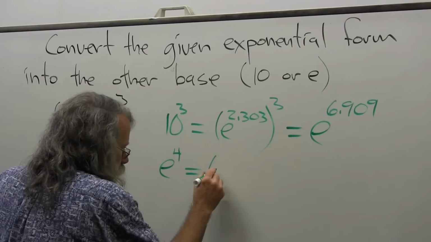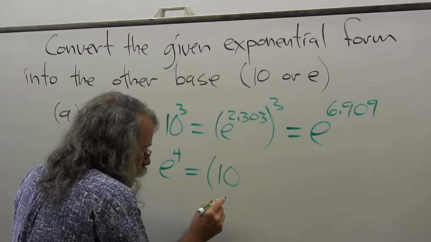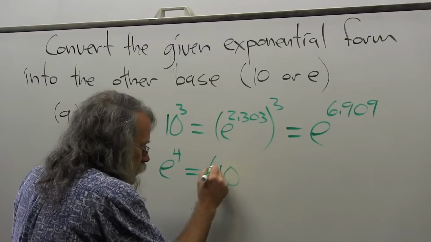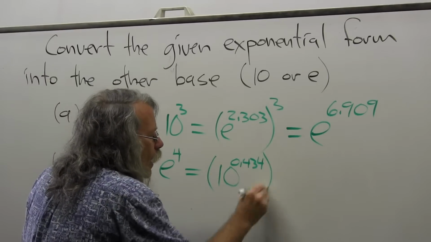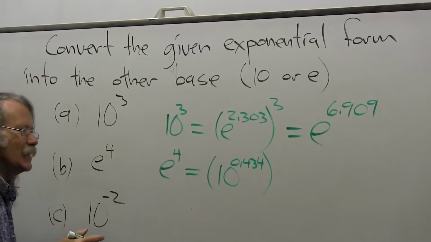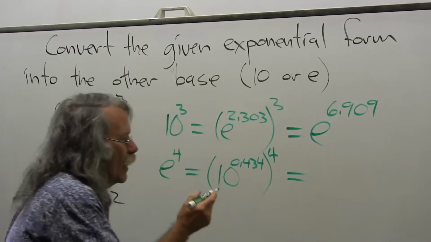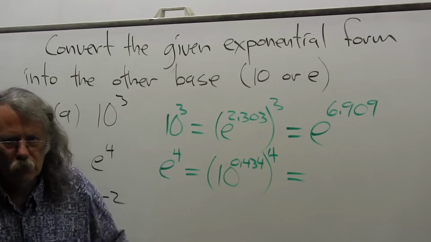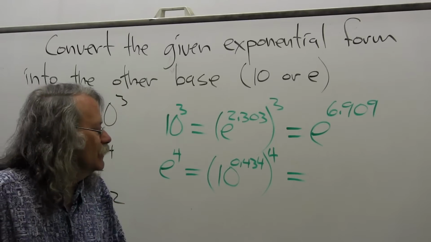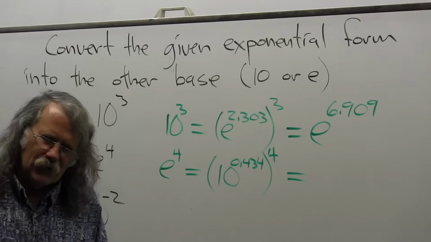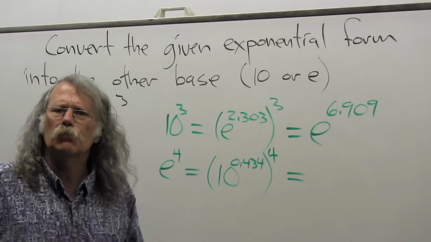I substitute in the equivalent expression with base 10, which is 10 to the 0.434th power is e, and I raise this to the 4th power, so all I have to do now is multiply through. And in this case, I'm sure that many of you could do this one in your head, but I'm kind of slow, so I'm going to do it over here on some scratch paper.